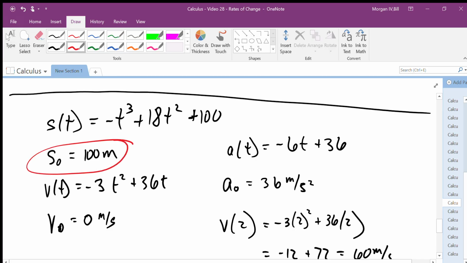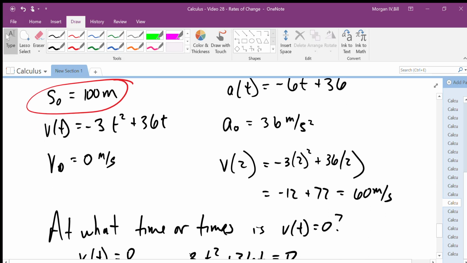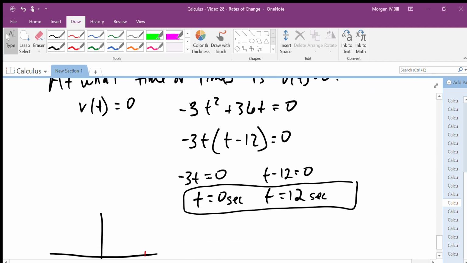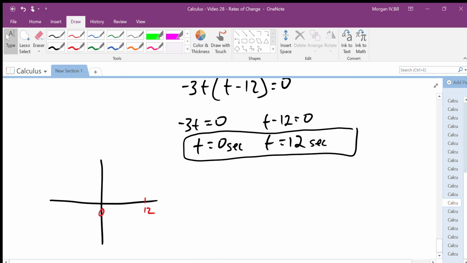So at time 0, the position is up at 100. At time 2, we know the velocity is 60, so it's a very large slope. Velocity is the slope. The slope is 60. We know that the velocity is 0 at time 0, and the velocity is 0 at time 12. So maybe not a ton to go off of, but we can see this.